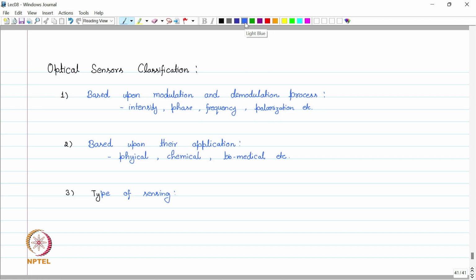There can be two types of sensing. First is the extrinsic, and the second is the intrinsic type.